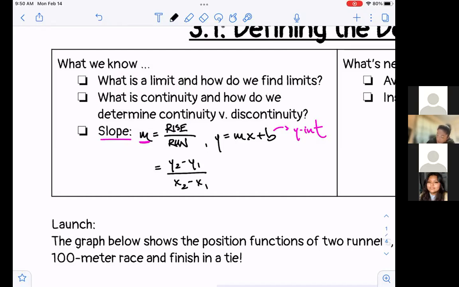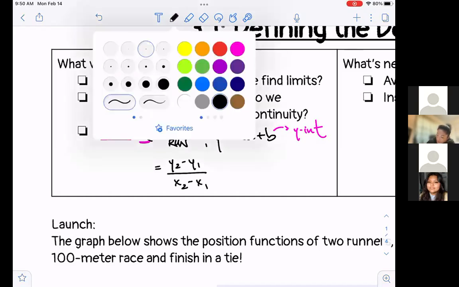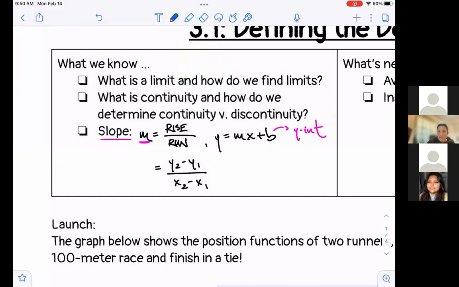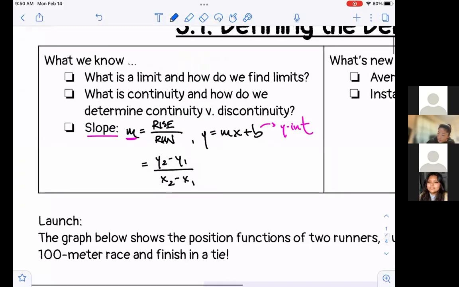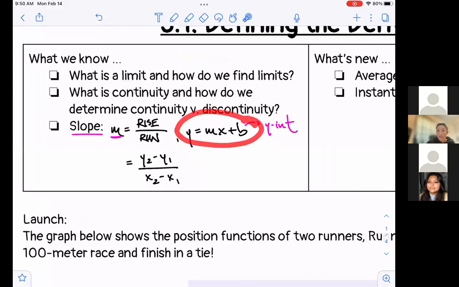Now, one of the things I want to jot down for us to start to think about is that y equals mx plus b is an equation that we all know and use pretty frequently. But particularly in the next chapter, we're going to be looking at a different version of this equation.